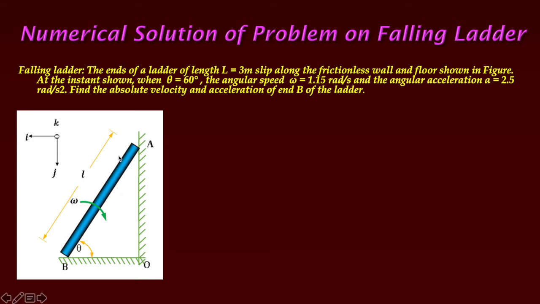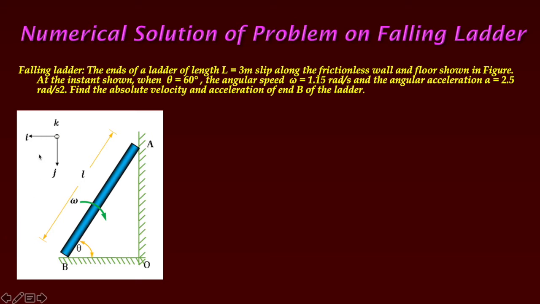Now, when it is falling, we can consider that there are two points, and point A is always in contact with the vertical wall, and point B is always in contact with the horizontal floor.